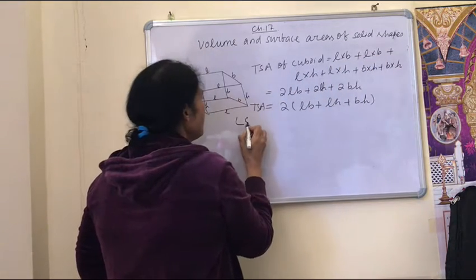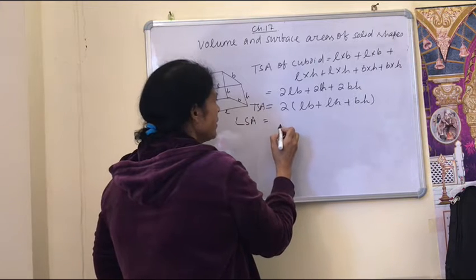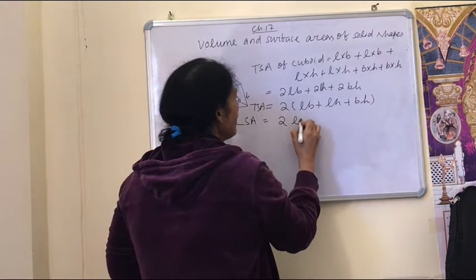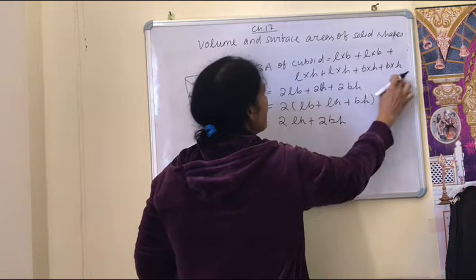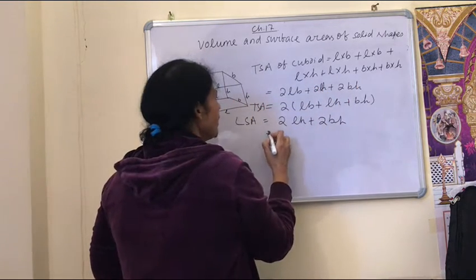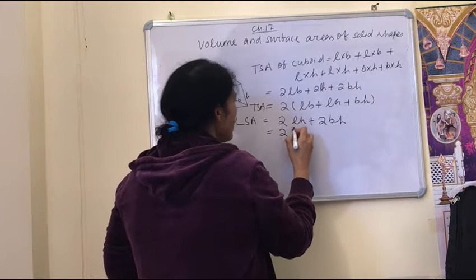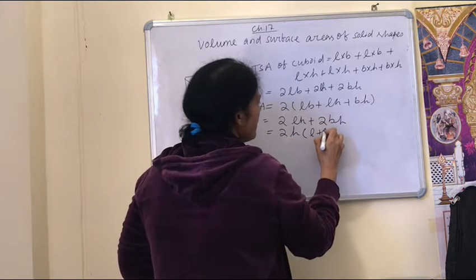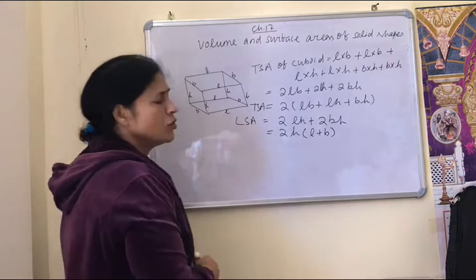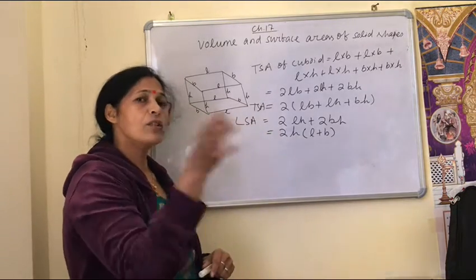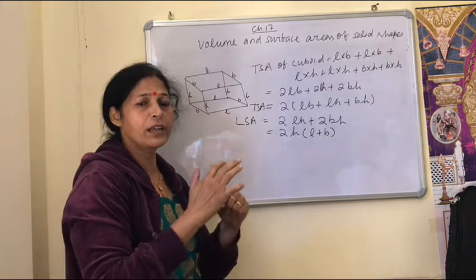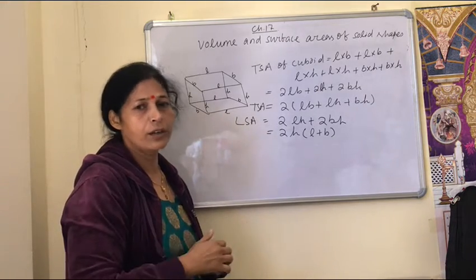So lateral surface area is 2 into LH plus 2 into BH. Taking 2 common, 2H into (L plus B). This is the lateral surface area of cuboid, that means the 4 sides of a cubical box.